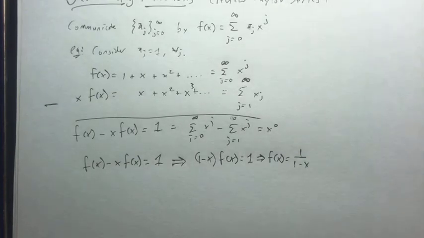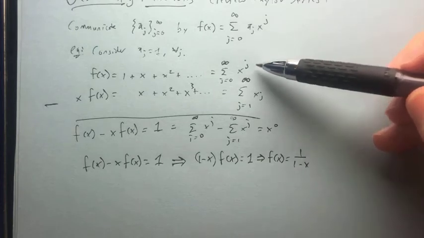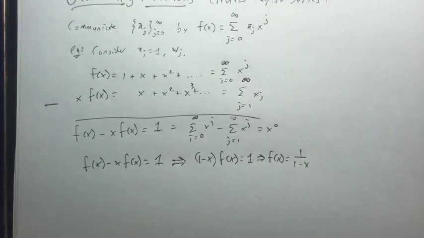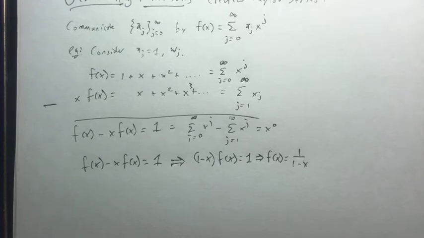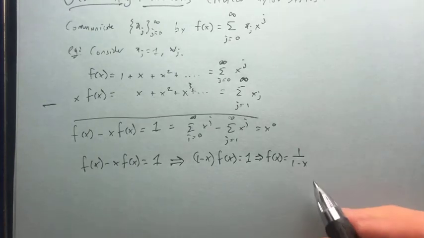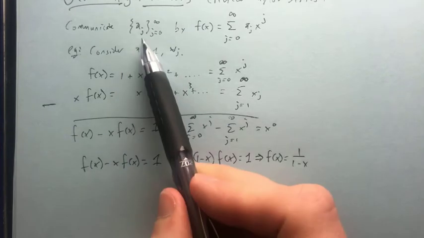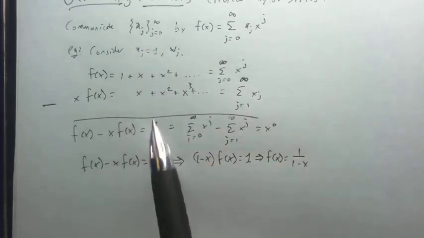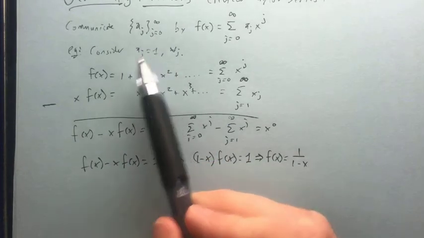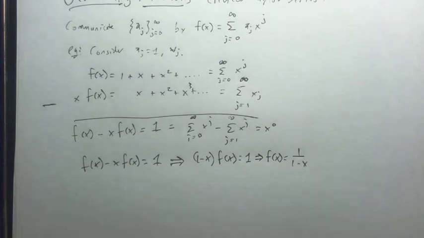Now, you might say, well, I knew that when I looked at this, maybe by knowing how a geometric series works. And that's fine, but this is just another derivation. So I can communicate the all ones sequence, namely the sequence where every element is a 1, by writing down this particular function.